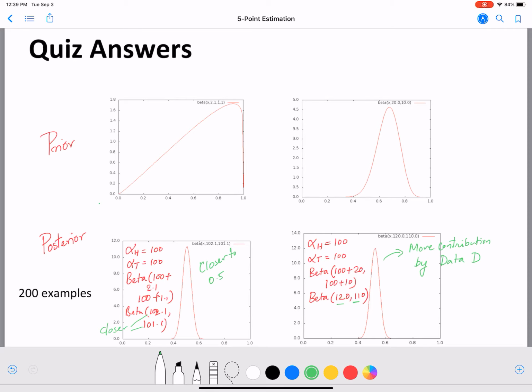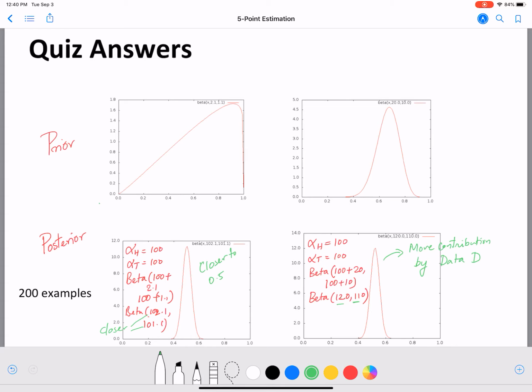And this is less close to 0.5 than this other one, but still it would be closer than the previous one where we had 20 examples. So it's closer than that one, but it's definitely losing to this other one.